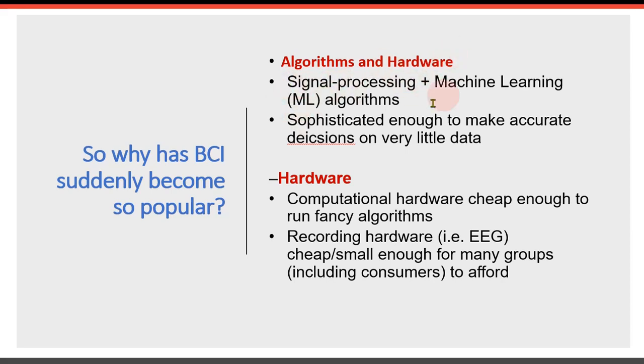We are living in the era of AI and deep learning, and also a lot of advanced signal processing algorithms have been designed that are good enough to make good decisions on very little data.